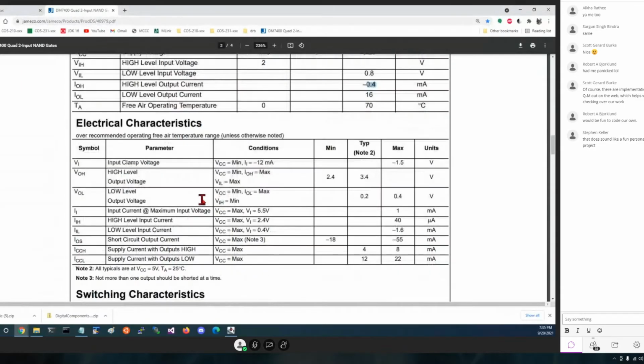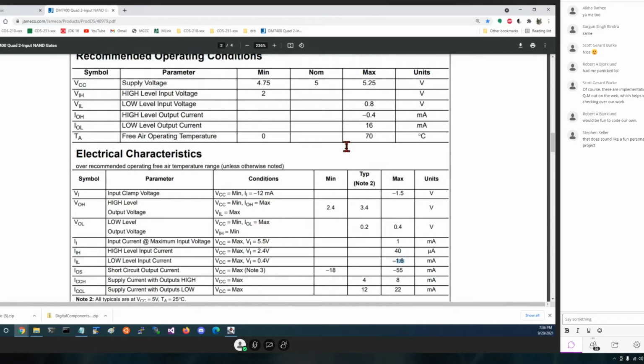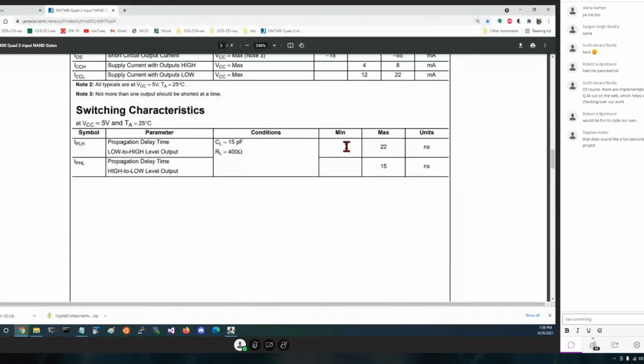On the outbound side, we put the minus sign on this guy, the 1.6 milliamps for the input low. And those are still 10 apart. This is 16 milliamps. This is minus 1.6. So you could come to this table and get that sort of information.